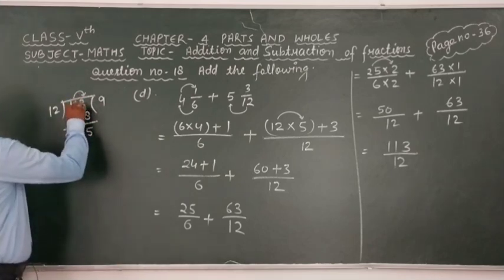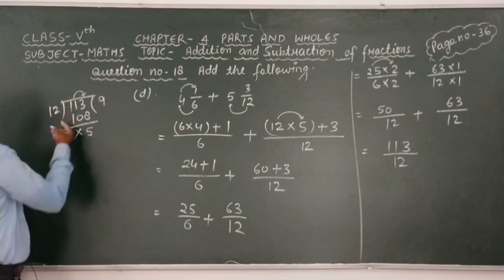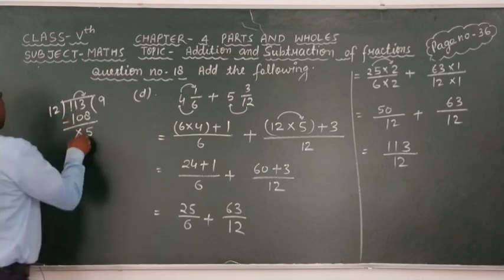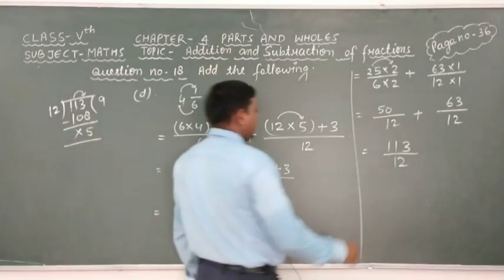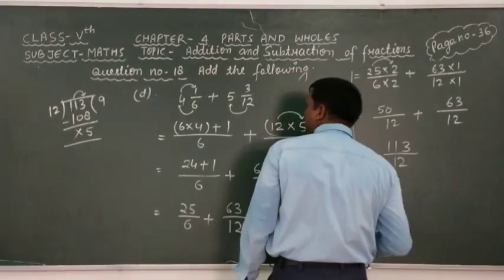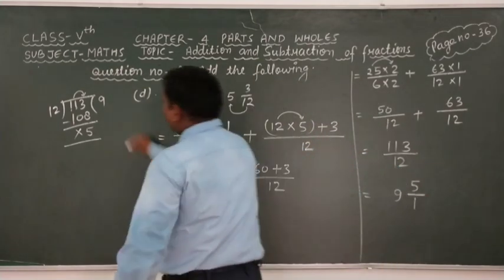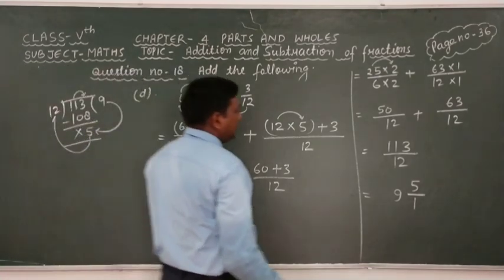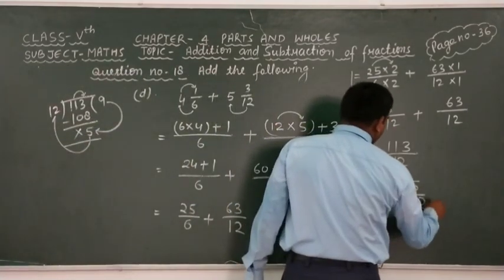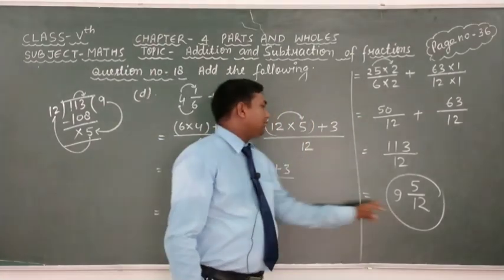Understand? And here we get 0 in place of 1. 0 minus 0 is 0, 1 minus 1 is 0. It means that cancel out. Okay. After dividing these we get 9 whole, 5 over 12. Okay, dear sons. This is the answer of this question.